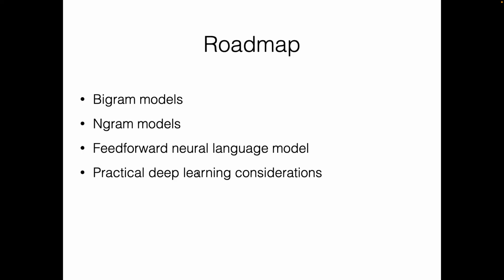Then I'll go through some practical considerations, some of it a review for some people, that you should consider when you're training deep learning models. These are things that have been implicit in the code examples we've been seeing, and that are good to review.